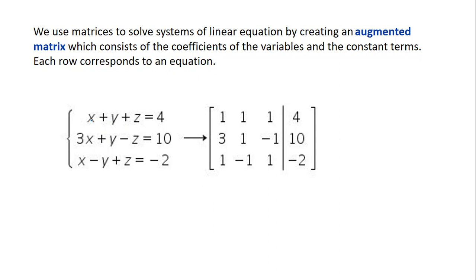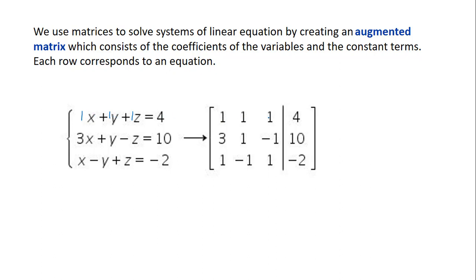So the system that consists of x plus y plus z equals 4, 3x plus y minus z equals 10, and x minus y plus z equals negative 2 corresponds to the matrix that consists of the coefficients 1, 1, 1, and the constant term.